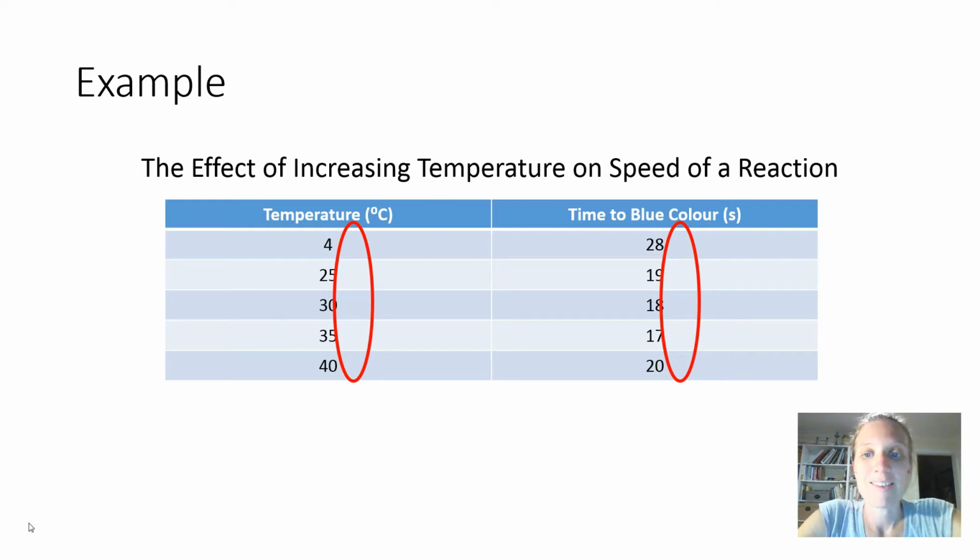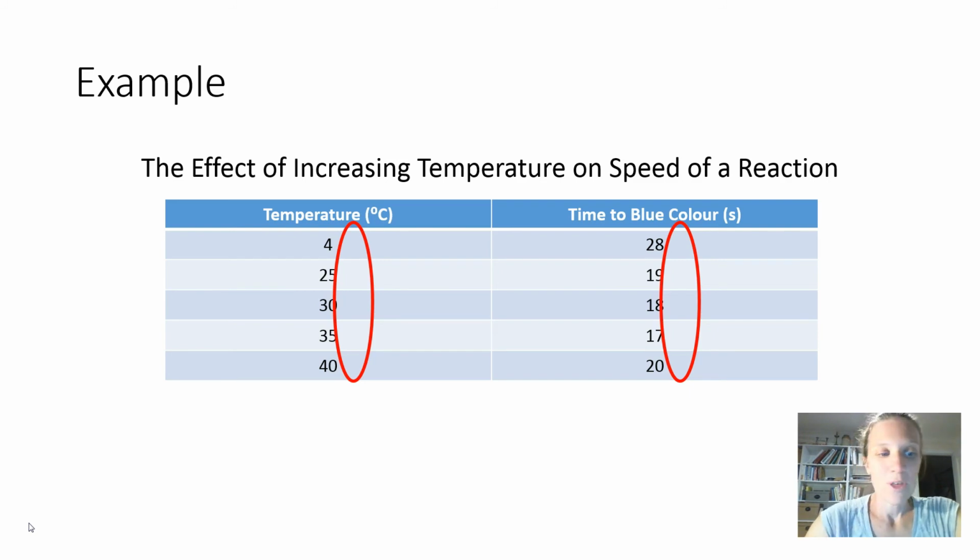Nor do I write seconds behind the 28, the 19, the 18, and so on. So because you've written down the units in the heading of your column in your table, you don't need to keep rewriting that value all the way through, and in fact, you shouldn't.